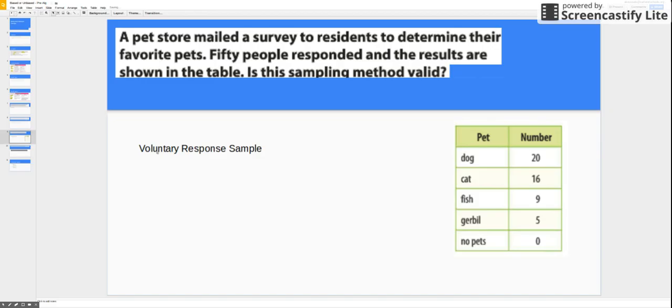So this is an example of a voluntary response sample. They got it in the mail and think, oh, I'm going to respond, I really love my cats or something. So they're going to want to respond to something like that. But if you don't have pets, are you even going to bother responding? I don't know.